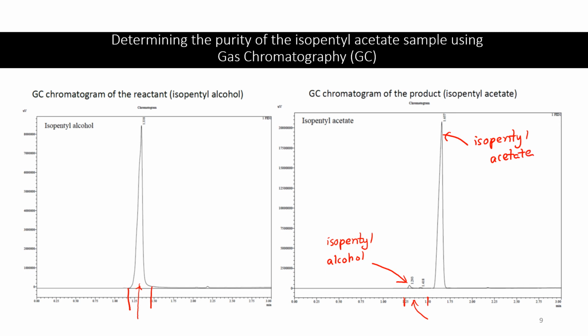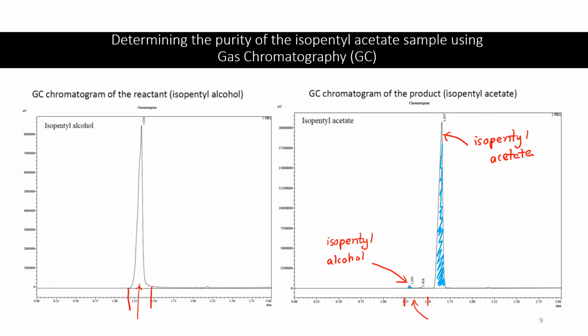Remember, we used to calculate the proportion of each of these molecules present in the sample based on the area under the peak, right? Actually, you don't have to do any calculations here. Just by eyeballing, we can observe that there is very little isopentyl alcohol present in the final ester mixture.